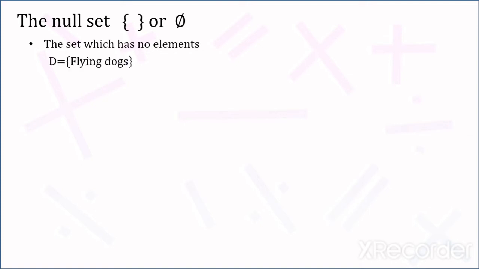For example, we write it with a capital letter within brackets. Flying dogs. There are no flying dogs, so that is a null set. So we can write n(D) equals 0, as there are no elements, and D equals the null set.